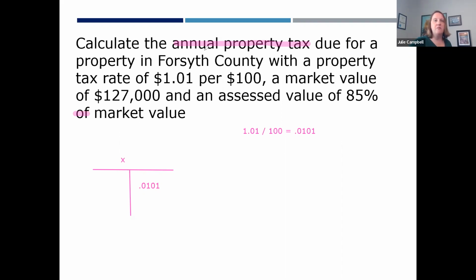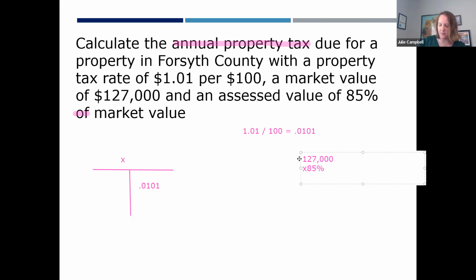What does the word of mean? Anybody want to venture a guess? Multiply. So it may not give me the assessed value, but it tells me how to find it. It tells me to take the market value times 85%. The word of means multiply.